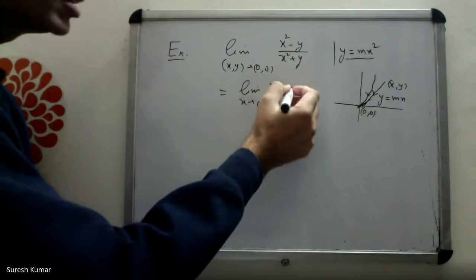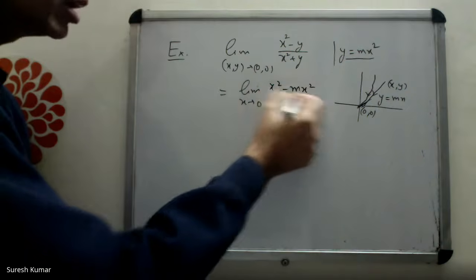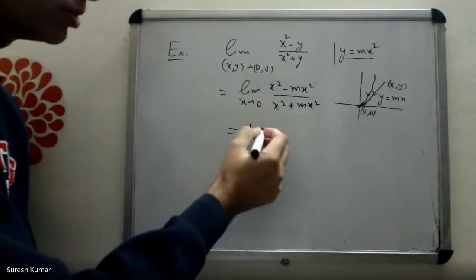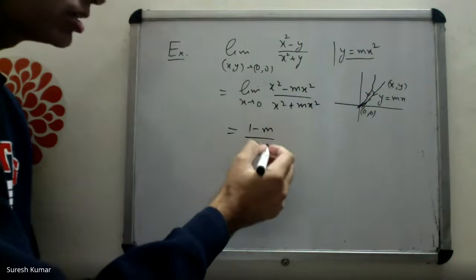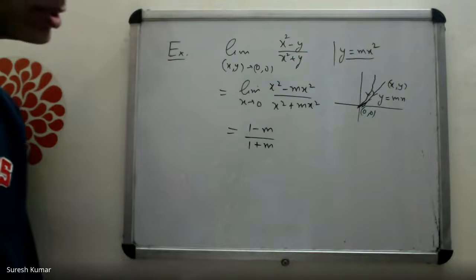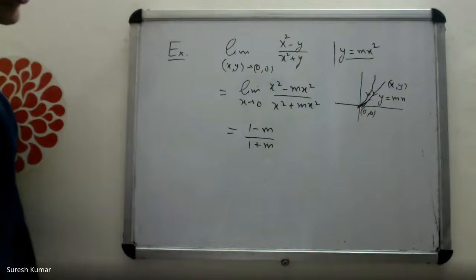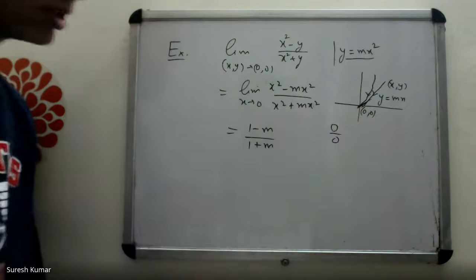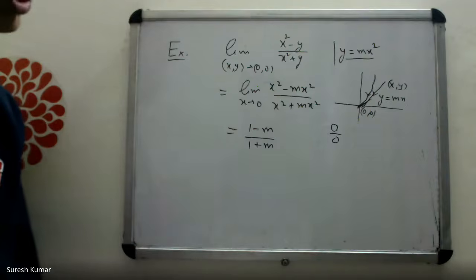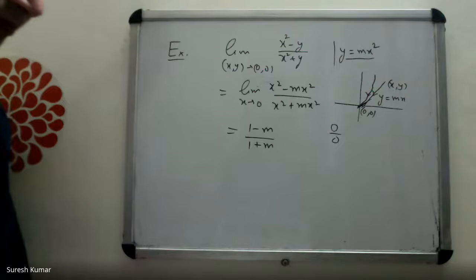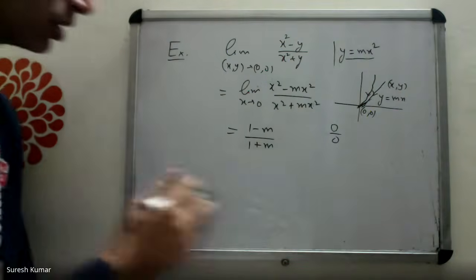X square minus mx square over x square plus mx square. This time there is no problem. You are getting some expression in m. It depends on m. So limit is path dependent and this limit does not exist. 0 by 0 is not telling anything, okay? Don't use that. It means your path is not correct, okay? So take care of this.